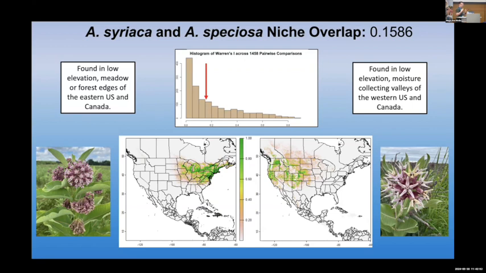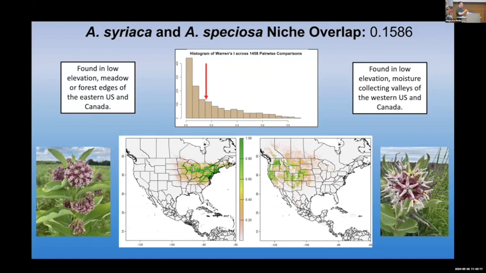So, Asclepias syriaca and Asclepias speciosa are eastern and western US counterparts to each other. Depending on which phylogeny you look at, they're either sister or not. But we see that they have very low niche overlap, lower than what we might expect, or maybe not expect at all, at just a 0.16.